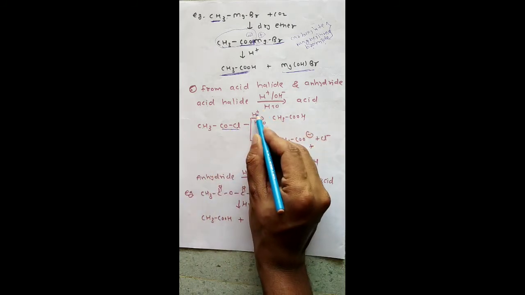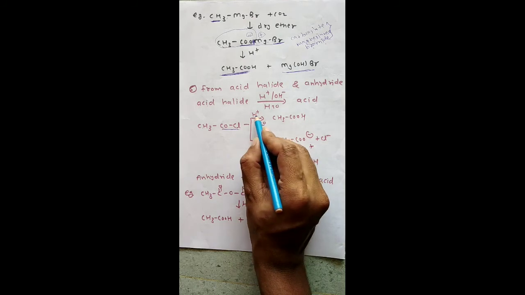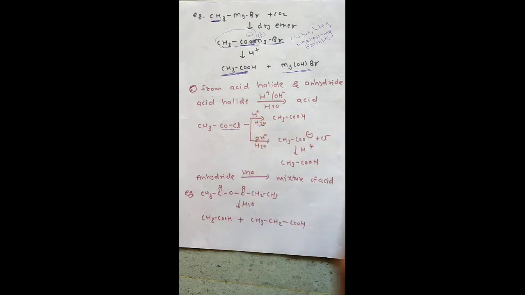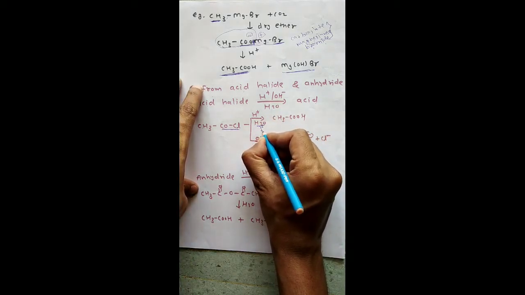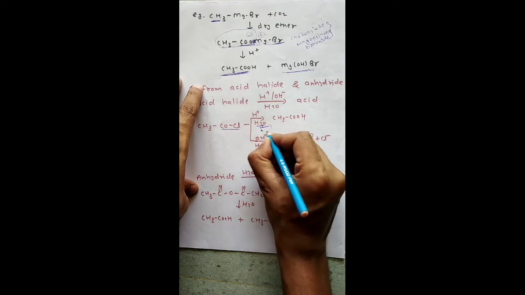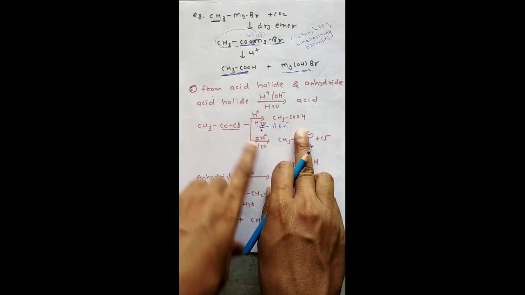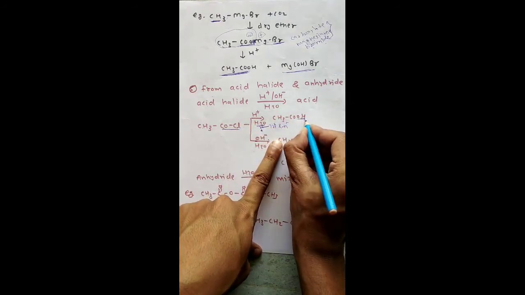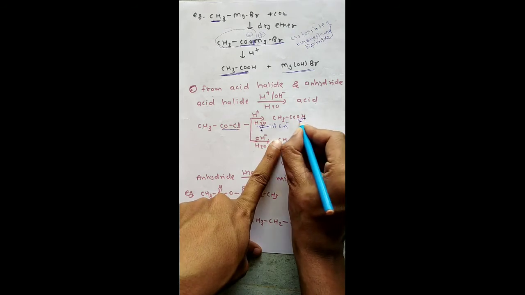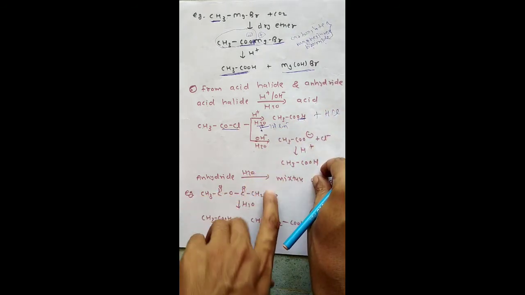When it undergoes hydration reaction in presence of H2O and H plus, meaning an acidic medium is there, what happens here? H plus and OH minus are there in H2O. Here OH minus adds. You can see instead of Cl now OH is there. The remaining part H and Cl is removed here.